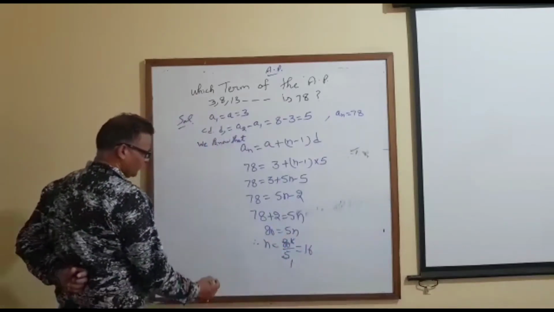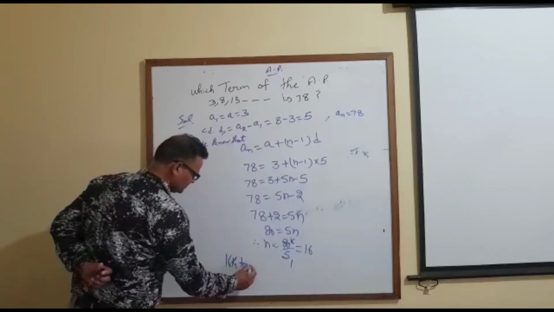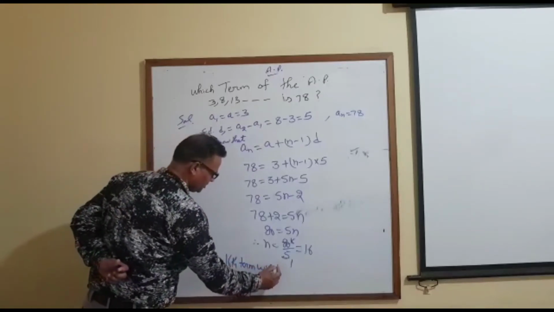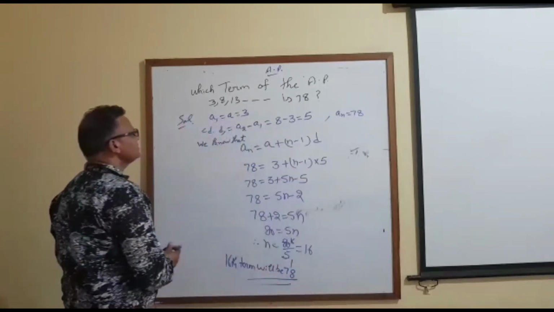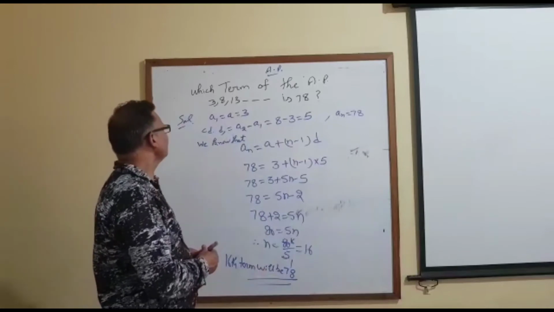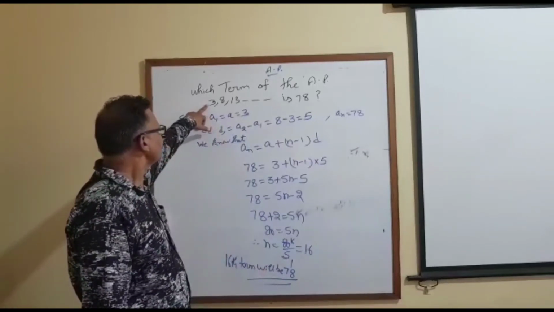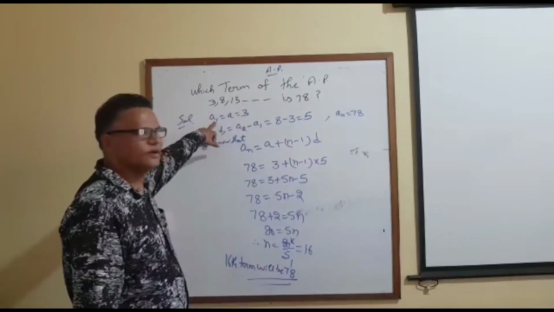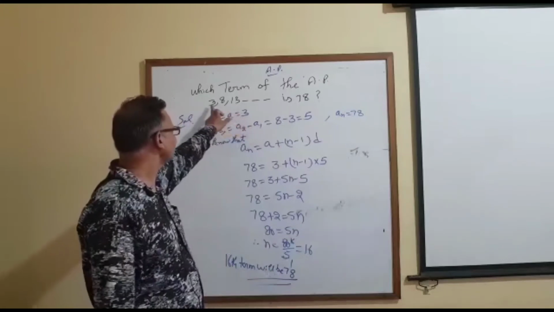So we find that the 16th term will be 78. Like this we can find any term. Just understand, first of all we start with A1, the first term.